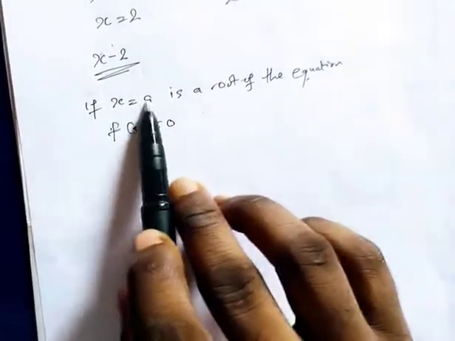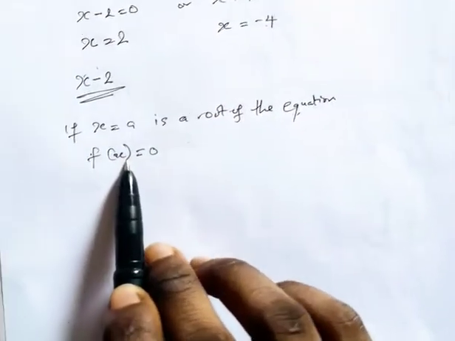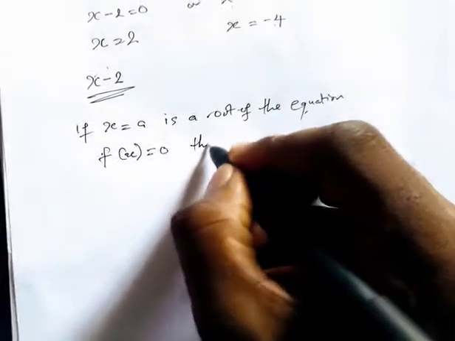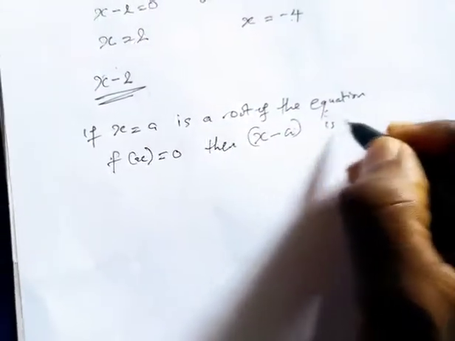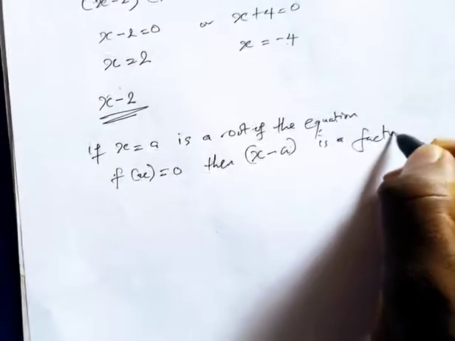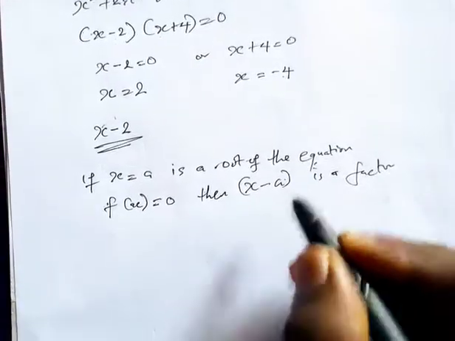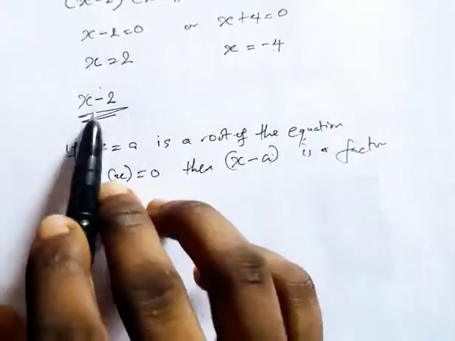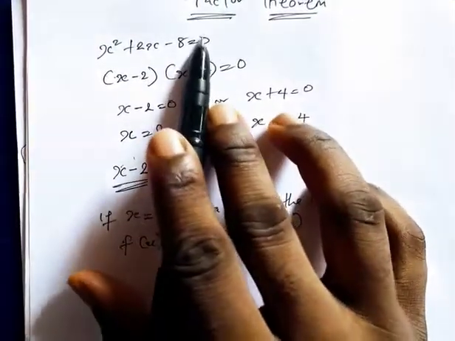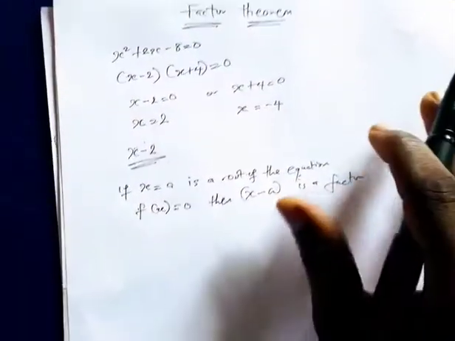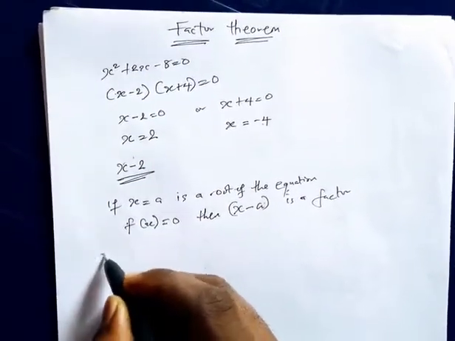That's why I said if x equal to a is a root of the equation f of x, then x minus a is a factor. This means that if I input this value of 2 into this equation, I get 0 without any remainder. That shows that x minus 2 is a factor.